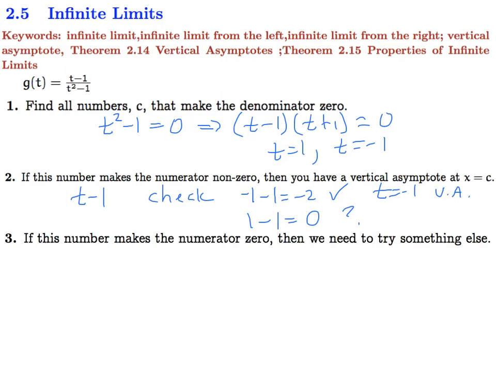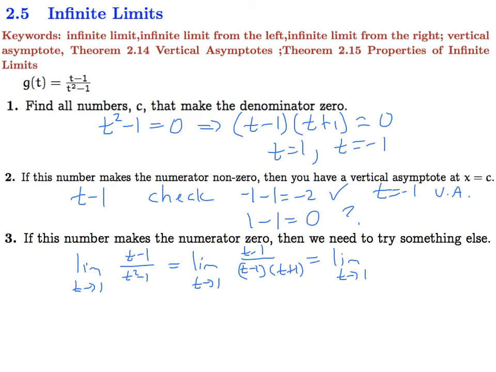So what this tells us instead is if this number makes the numerator 0, then we need to try something else. So what we're going to try instead, because we don't know about the number 1, is computing the limit as t approaches 1 of t minus 1 over t squared minus 1. And as we saw, we can factor this into t minus 1 over t minus 1 times t plus 1, which then we can cancel using our nice limit theorem.